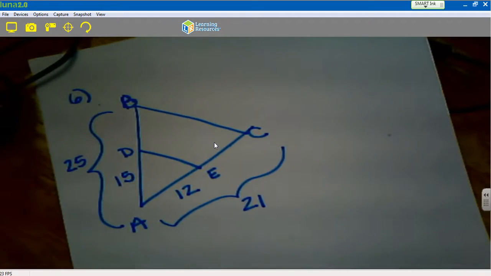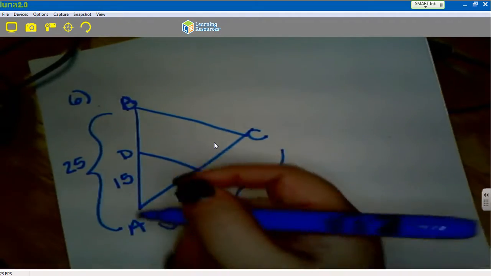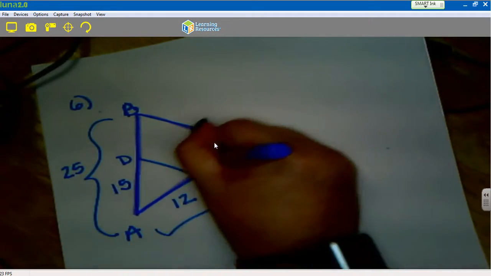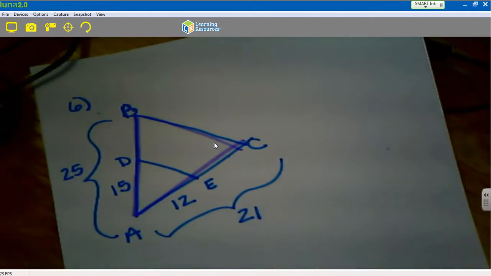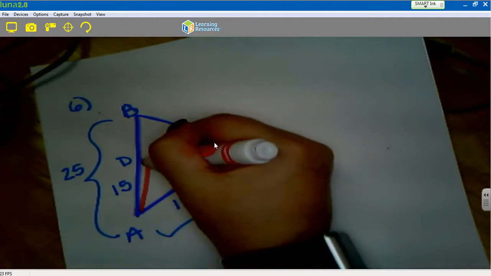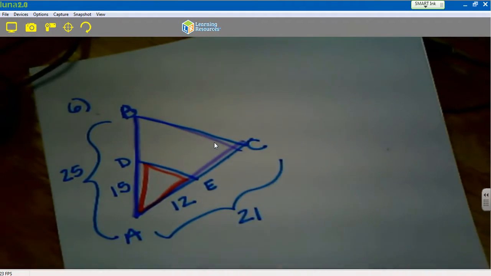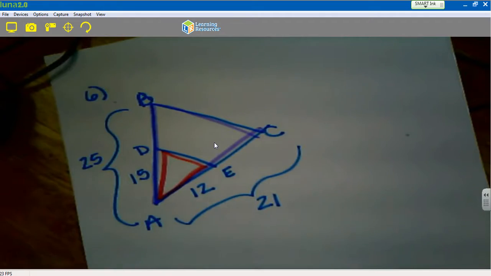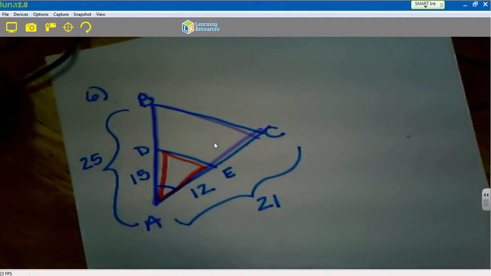And again, we're taking a look at this large triangle, and we want to determine if it's proportional, or excuse me, not proportional, similar to that smaller triangle. We also have angle A with the marking.